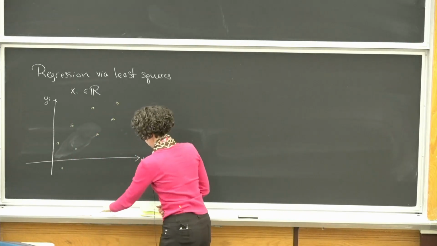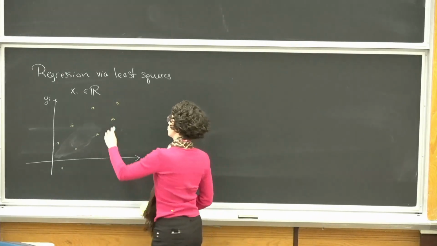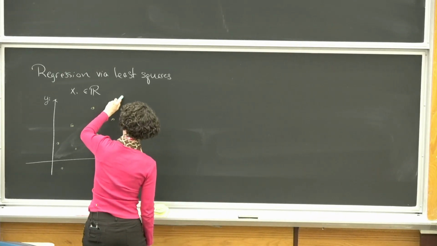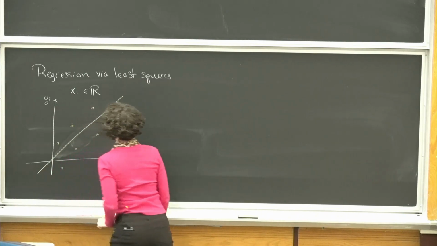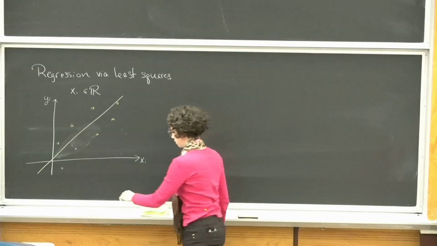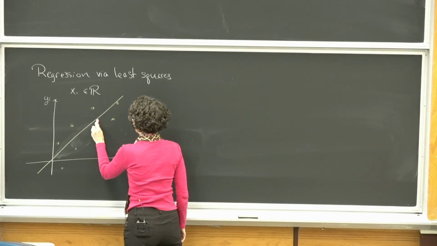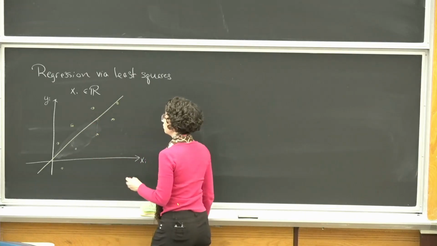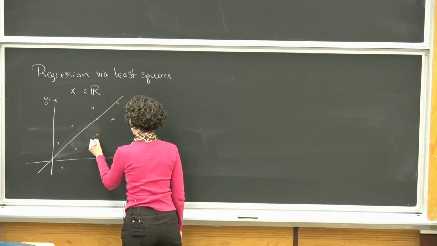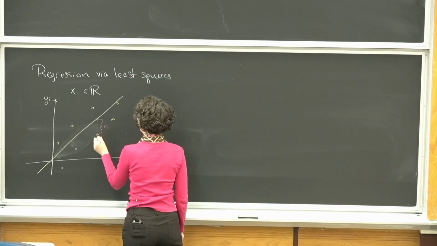Like this. And so what we did when we were doing regression is we were trying to find a line here that was a good fit to the data. And when we minimized least squares, for each point, we were seeing how big this residual was. So if this point were xi, then this residual would be ri.